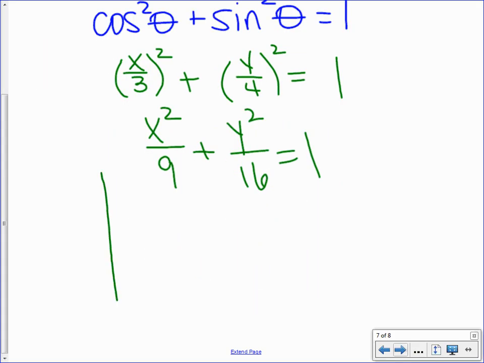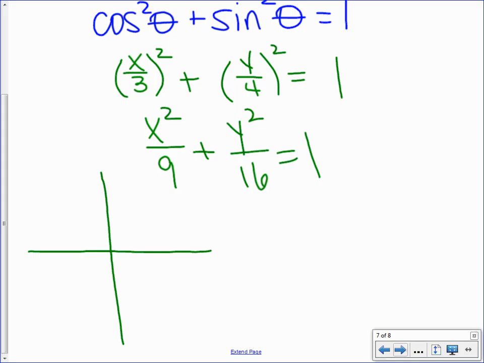Crazy how all of these graphs from last chapter keep popping up. What kind of an ellipse do we have? Horizontal or vertical? Amanda, what kind? Vertical. Vertical, great.